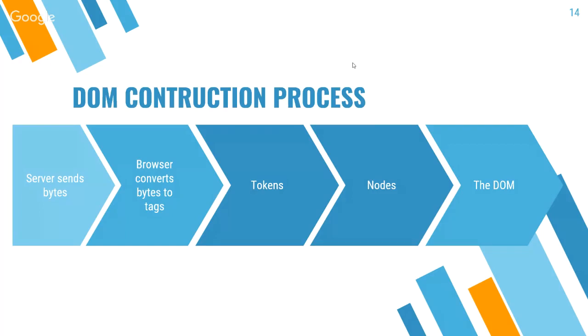Firstly, the bytes sent by the server are converted to HTML tags, like the ones we saw earlier, the body and all the others. The browser then examines the tags and converts them to tokens in what's called the process of tokenization. After that, the nodes are created, which contain the HTML elements, remember, and finally, the tree construction process yields the actual DOM at the end.